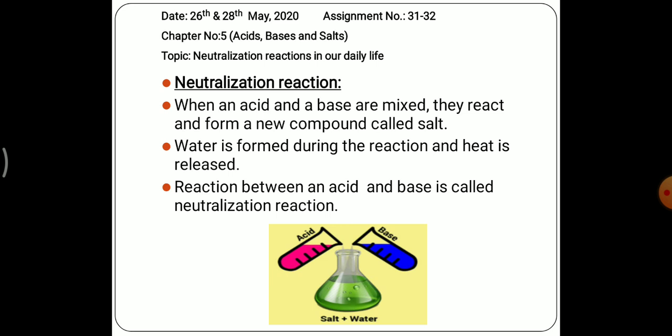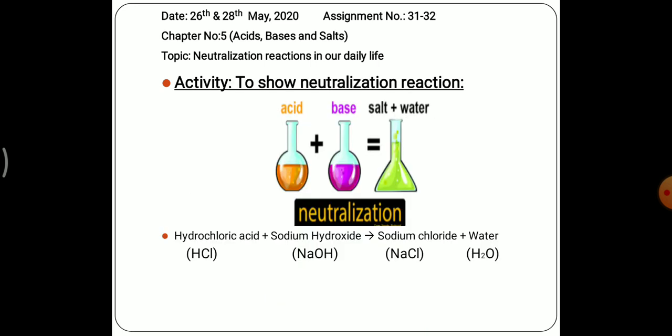This heat raises the temperature of the reaction mixture, due to which the reaction mixture becomes hot. So are you all clear with this? What do you mean by neutralization reaction and what are the products it forms? After reacting, it will form salt and water. So more we will understand in the next slide with the help of an activity.